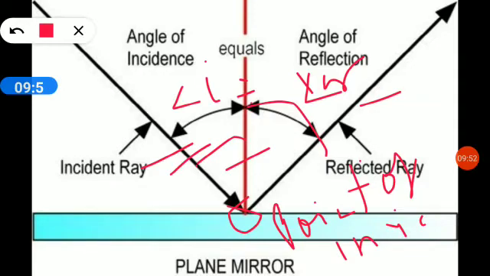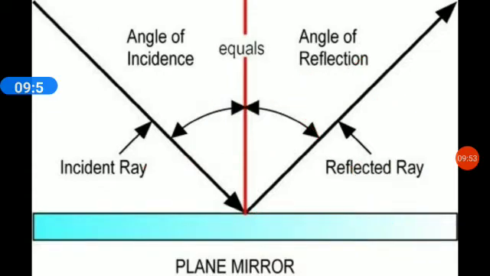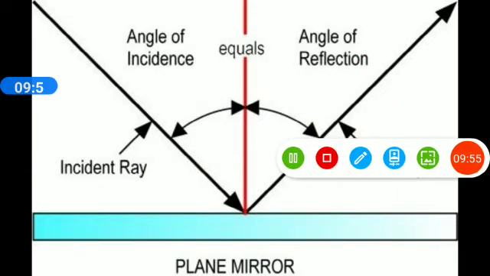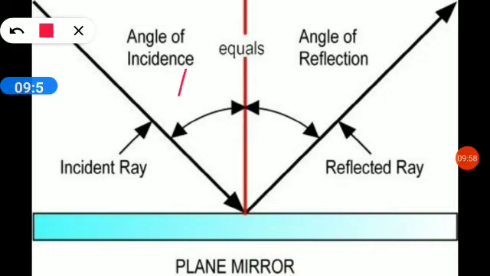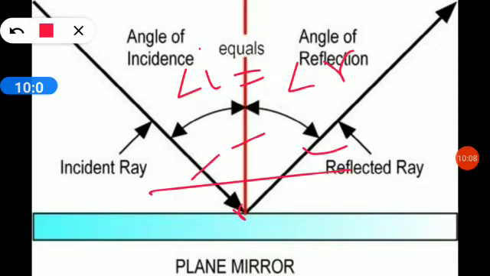The first law is saying that the angle of incidence is equal to the angle of reflection, and the second law is saying that the incident ray, normal, point of incidence, and reflected ray all lie in the same plane. So these are the laws of reflection.